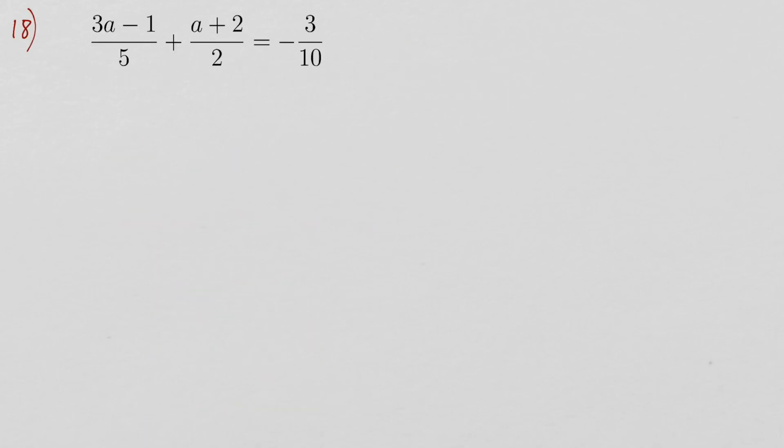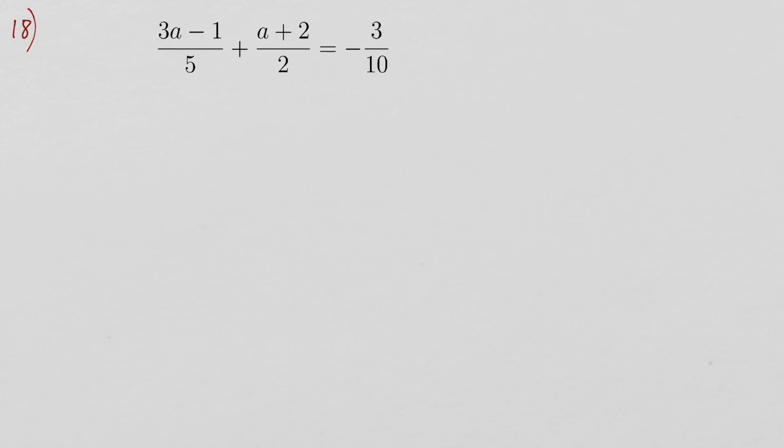Okay, number 18. I think the easiest thing to do is to get rid of the fractions first. So I'm going to get the LCD, which is 10, and I'm going to multiply everything by 10. So I'll multiply this fraction by 10, this fraction by 10, and this fraction by 10. And then I'm going to cancel. 5 goes into 10 twice, and I'm going to multiply to get 6a minus 2.